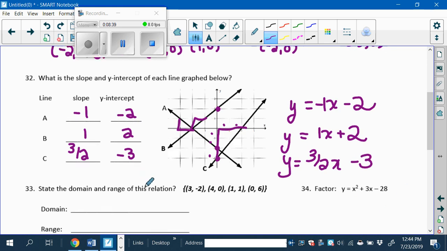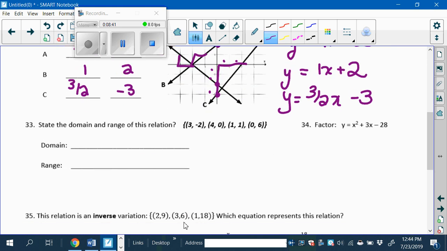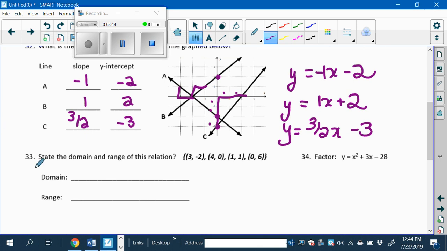Now, when you're studying the domain and range of a function, remember your domain is your x values and your range is your y. Usually you go in descending order or ascending order. So my domain is starting at 0, 1, 3, and 4. That's standard form.